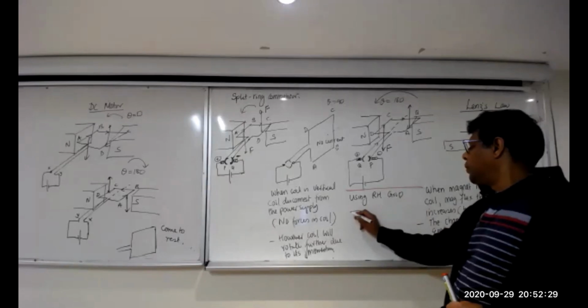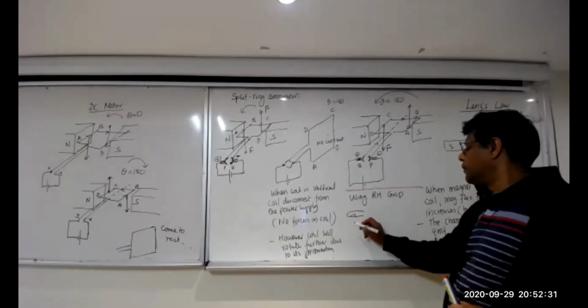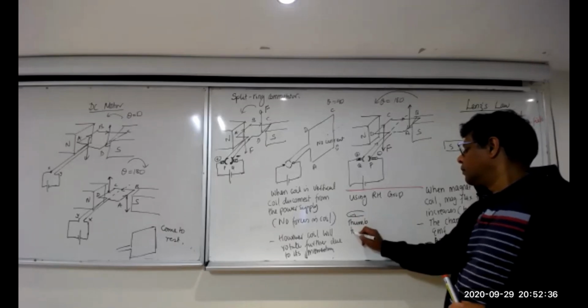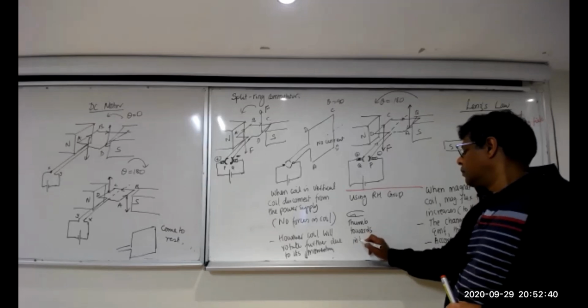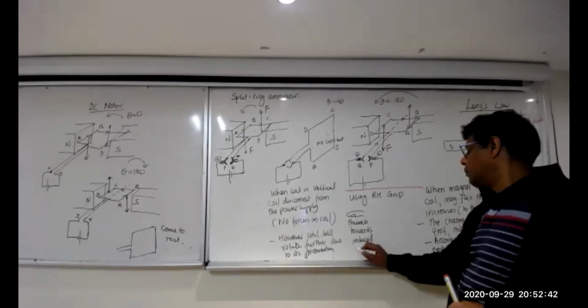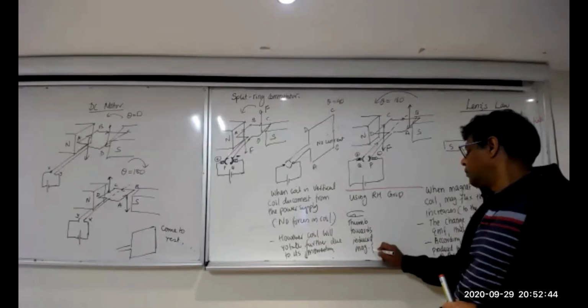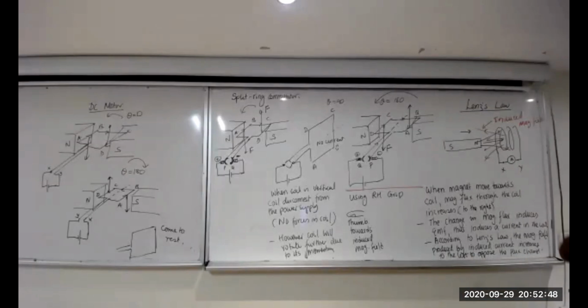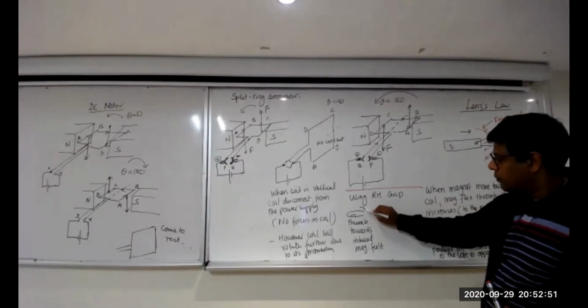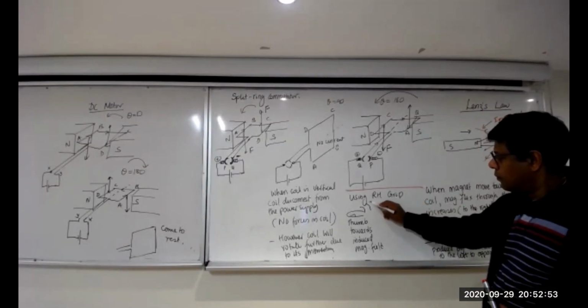Your thumb should be pointing towards the induced magnetic field, and then you curl your fingers around the coil.